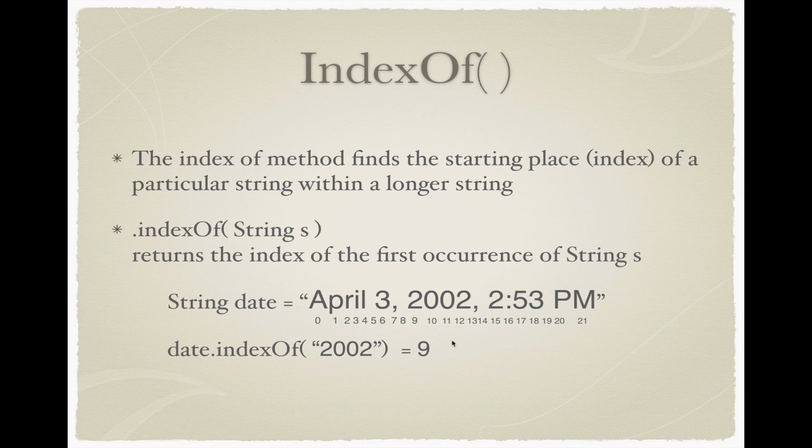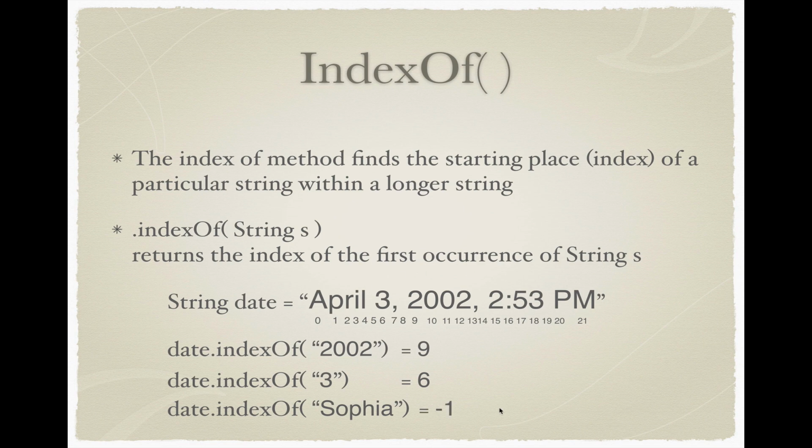That's where it belongs. And then if I have indexOf 3, well, look, there are 2 3s here. But it just finds the first one. It finds the first one here at position number 6, so that would return 6. And if something does not exist, if I'm looking for Sophia in this, well, that's just going to return -1.